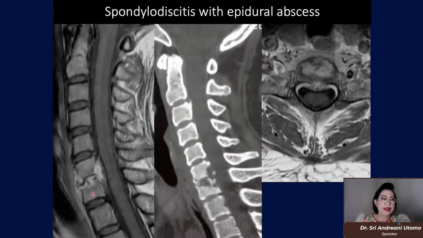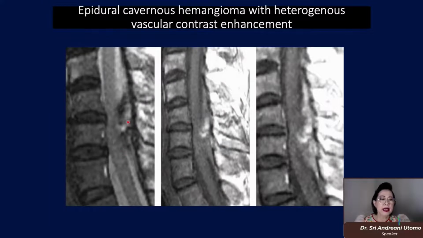And this one is infection, spondylodiscitis with epidural abscess here. And also this one, this is an epidural cavernous hemangioma with heterogeneous vascular content that shows contrast enhancement. So this is not infection, and this is not a soft tissue mass in the epidural space.